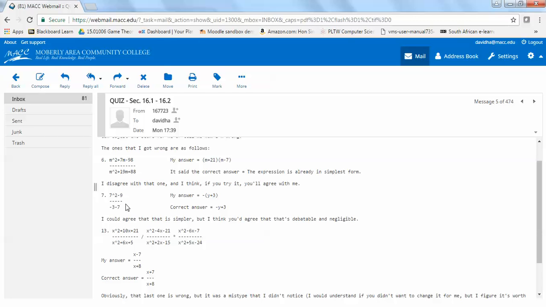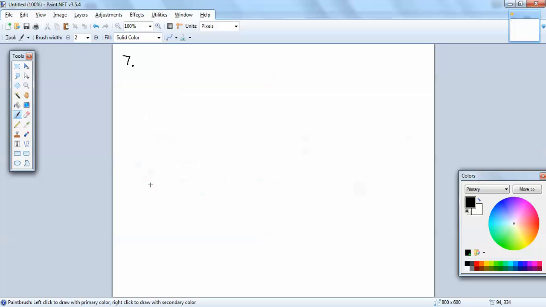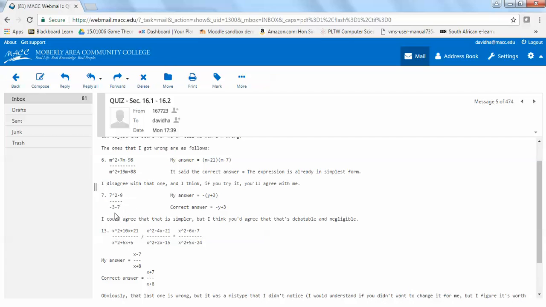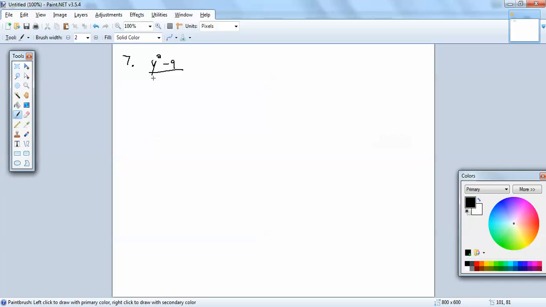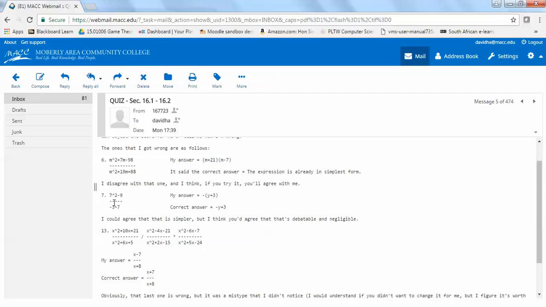I don't think you wrote it down correct. I bet that's supposed to be y squared. Okay, let's see. Y squared minus 9, and down here is negative 3 minus y. So I assume your 7 should be y's.